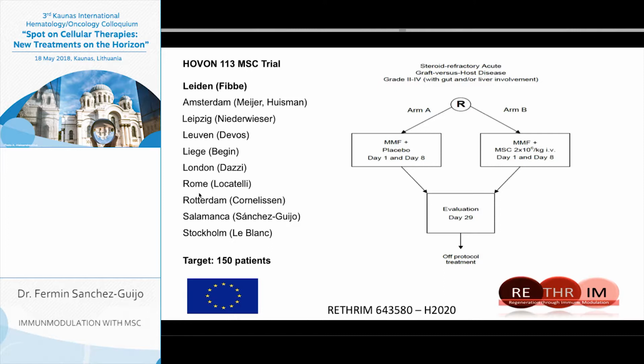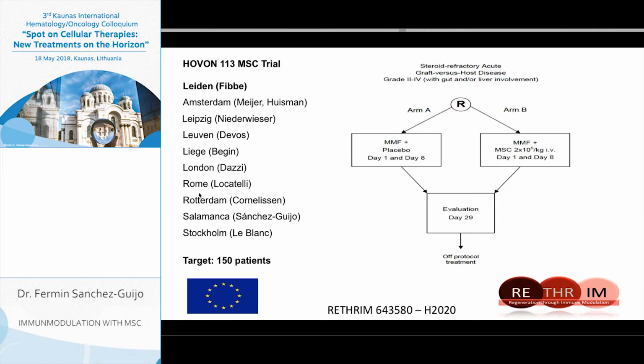We are giving the cells compared with a uniform placebo arm, and we will do the evaluation at day 29. So we hope that with this design we can demonstrate that the cells do better, at least for gut and liver GVHD, in the second line of GVHD therapy after steroid resistance.